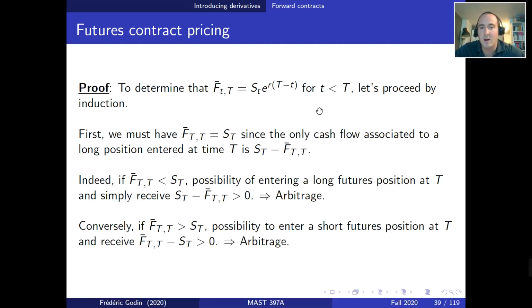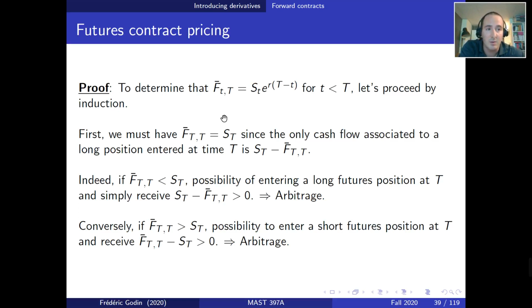We'll start with what happens when small t is equal to capital T. If we're at the maturity at time capital T, and somebody enters a long position in the futures, then he will receive the underlying asset and pay the futures price.